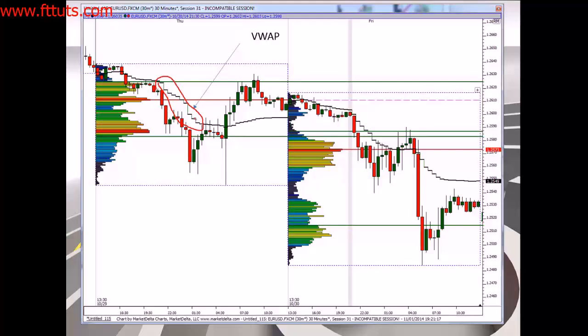At the same time, when I take a look at my value area high relative to where my VWAP is, and when we talk about the bands this will become far more evident, how far am I from the VWAP? Remember, the closer you are to the VWAP, the safer you are, in a sense.